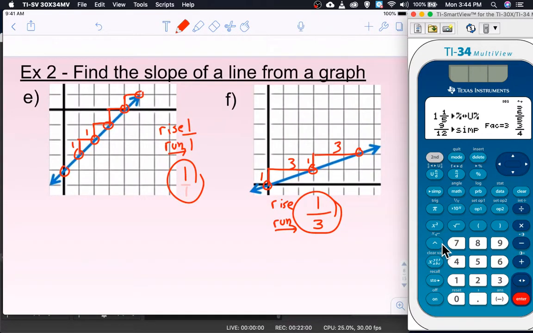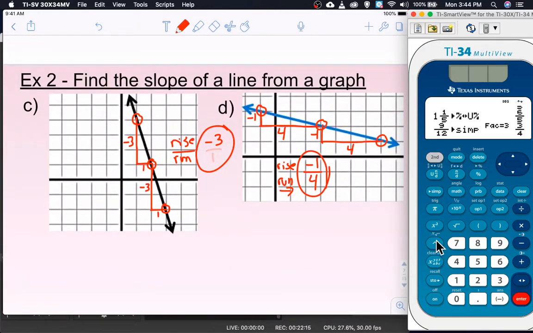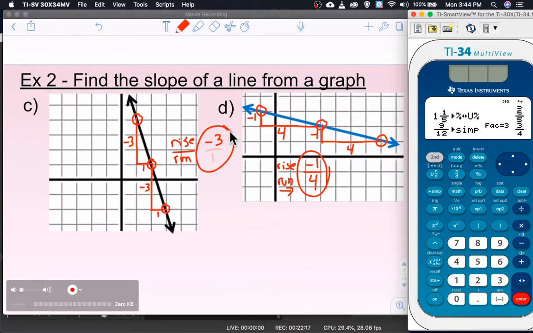Okay, so now we know how to find slope from 2 points, and we have a little bit more understanding of what that slope means. It is actually showing us how slanty or how steep the line is. The farther the number is away from 0, the steeper the line is. So a slope of -3 was fairly steep.